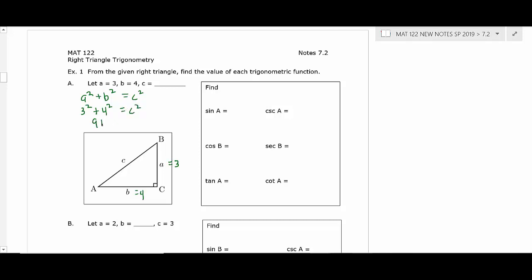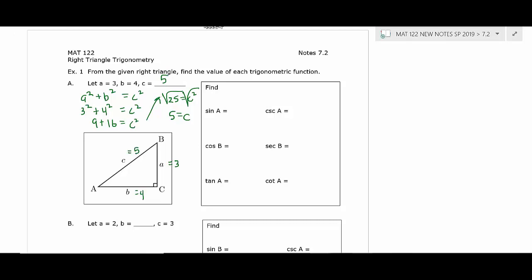That would be 9 plus 16 equals C squared, which gives 25 equals C squared. So what number do you square that gives 25? Yeah, you would get 5. To solve this equation you square root both sides. The square root of 25 is 5, and the square root of C squared is C, because C times C is C squared. So we get that side like that.